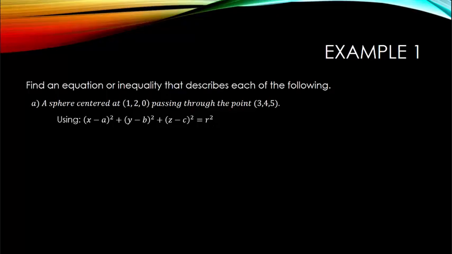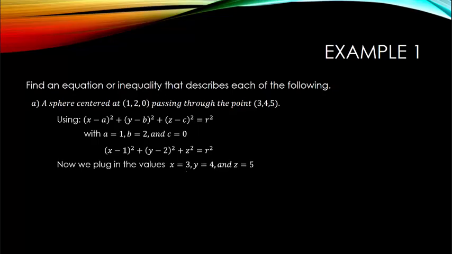I know that a is equal to 1, b is equal to 2, and c is equal to 0. I set up my equation with those values. I get (x minus 1) squared plus (y minus 2) squared plus z squared is equal to r squared. And now I plug in the values x is equal to 3, y is equal to 4, and z is equal to 5 from the point I was given.